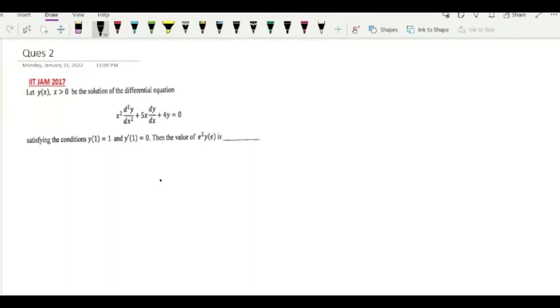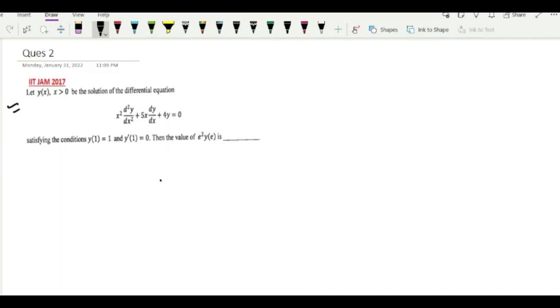We have multiple choice questions, but they have only one option of this type. Other options are based on the Wronskian or continuity, like this. So in this topic, we have single answer type or numerical answer type questions. So let's have another question.